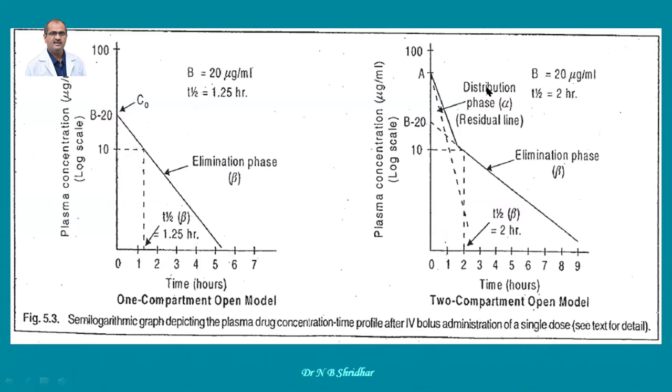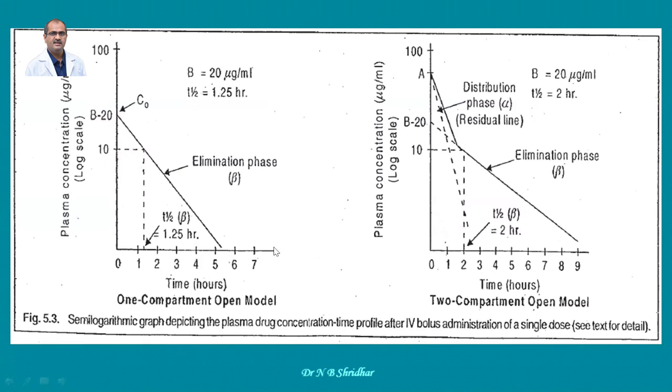The distribution phase is called alpha, whereas the elimination phase is called beta. Anyway, we are going to learn the two compartment open model. Here also the dose is the same, whereas the half-life is more because the elimination is slow, the absorption is slow, and the distribution is also slow. That's how the tissue concentration is.